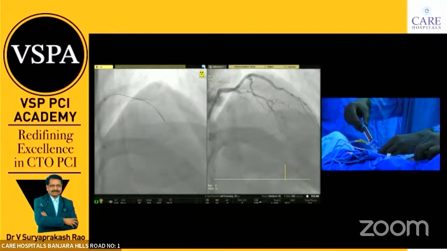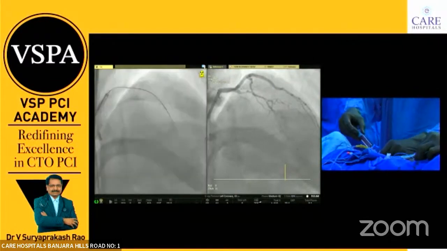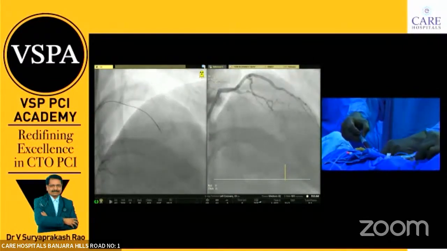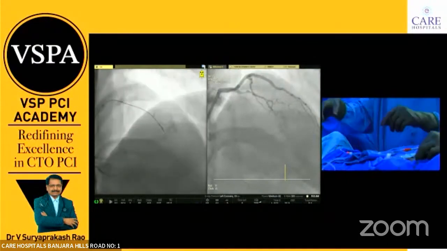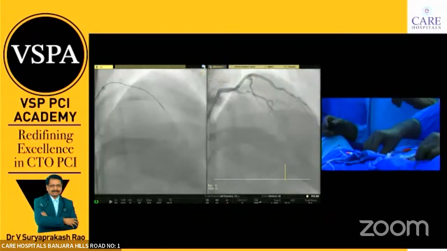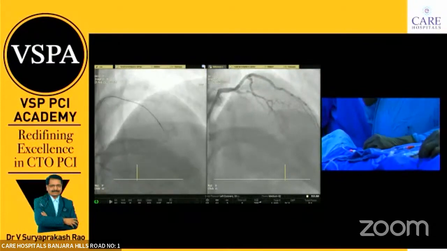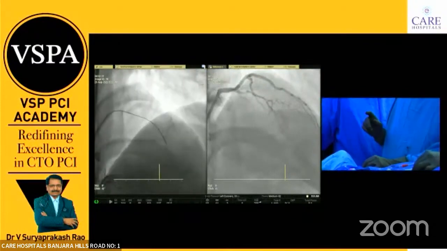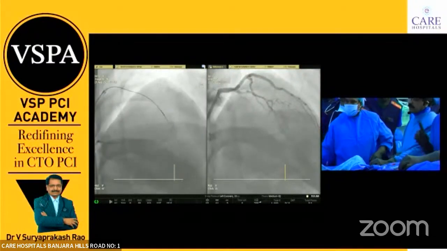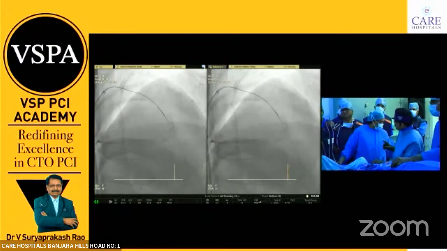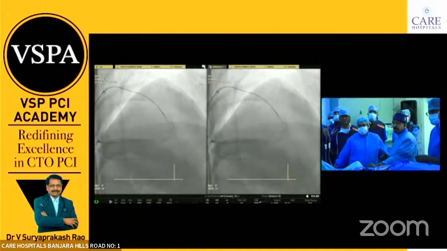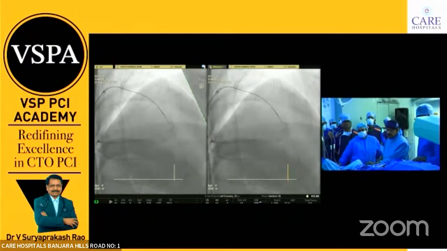Always aspirate the donor artery. I think it looks like it is in the track, but for learners, I will tell, always see an oblique view. So I take a caudal view also in this case.